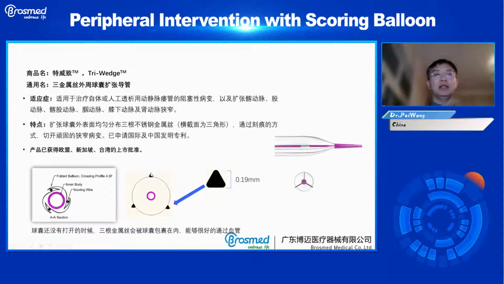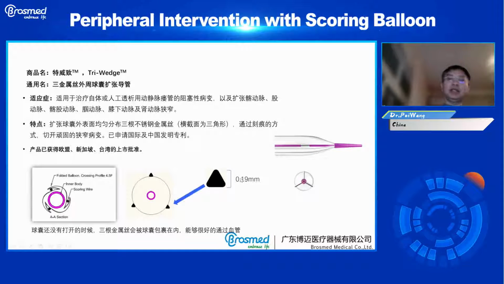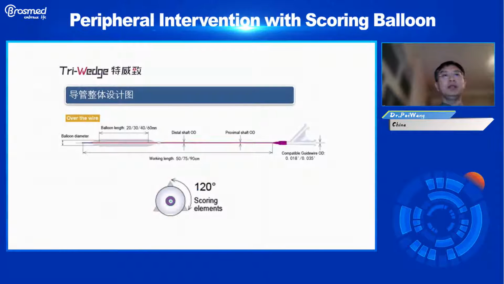So when we dilate, the pressure is concentrated to the point contacting the vessel. By doing that, we could improve the local dilation power, so it functions like a cutting balloon.